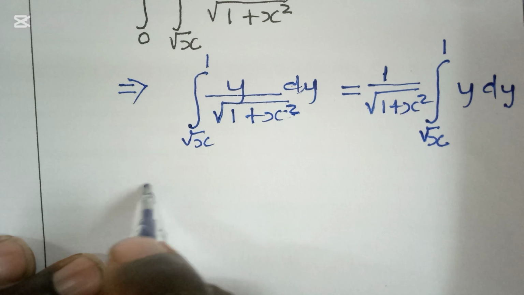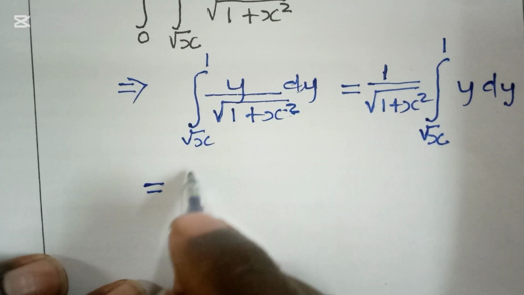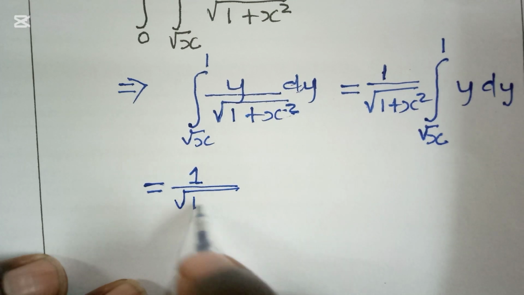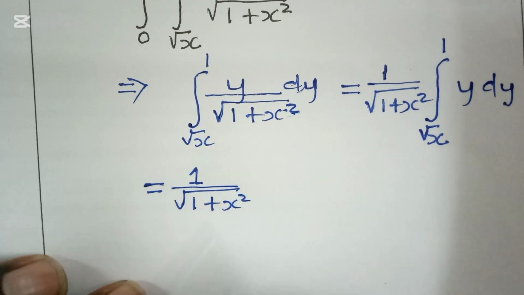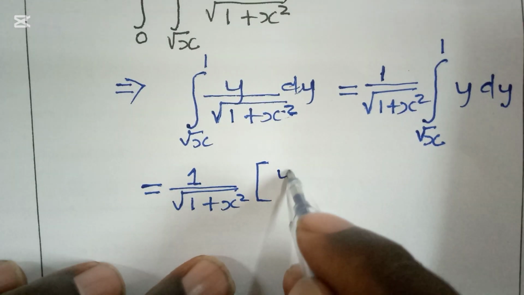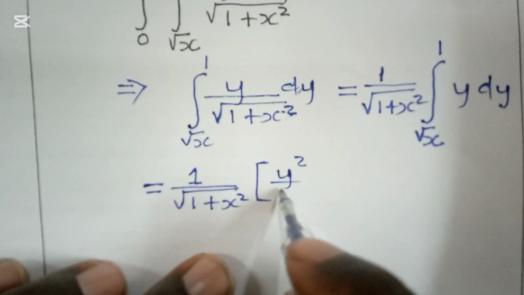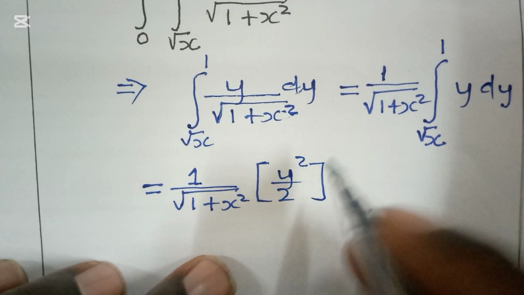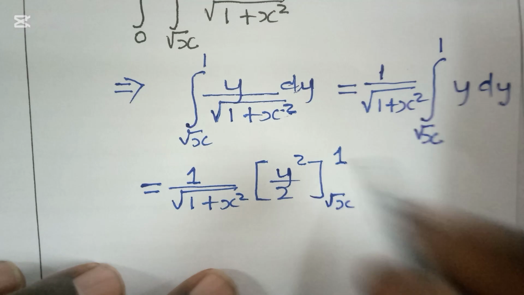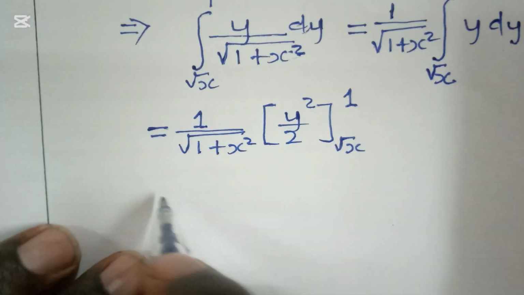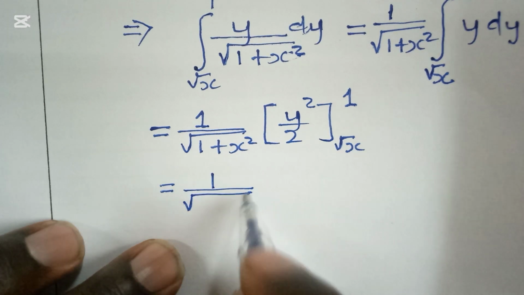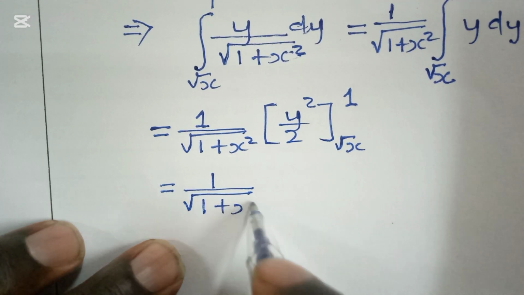So guys, we are going to have here 1 all over square root 1 plus x squared. We integrate y, guys, we get y squared all over 2. The limits are square root of x and 1. We can now insert our limits. We get 1 all over square root of 1 plus x squared.